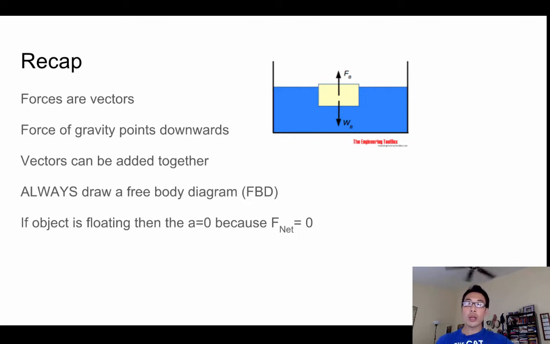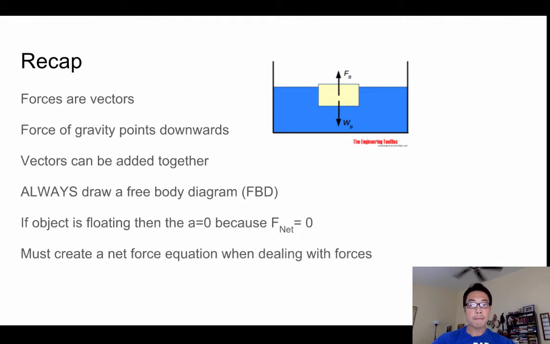Because the object is floating, the F_B, the upward force, cancels out the W_B, the force pointing downwards. So up plus down, or positive minus the downward force, is equal to 0. And please, you must create a net force equation when dealing with forces. These are all just great habits and tools for you to use in order to solve these problems.